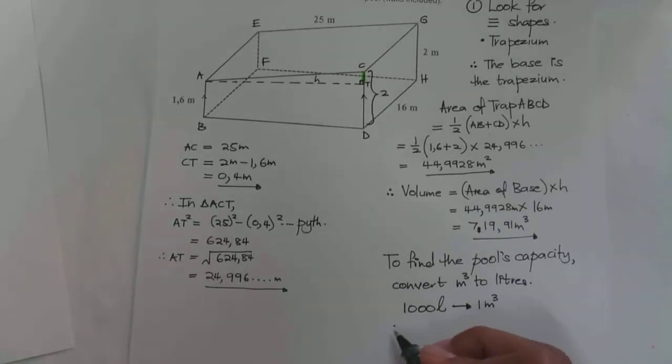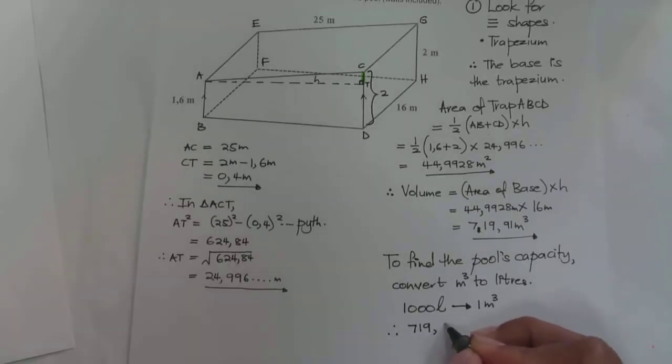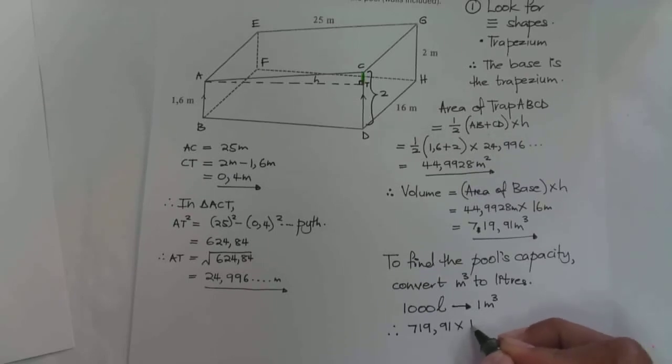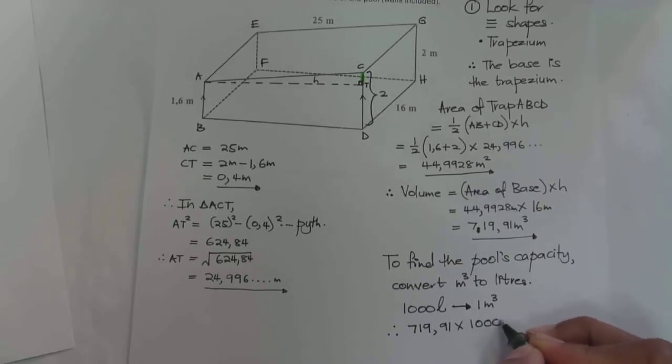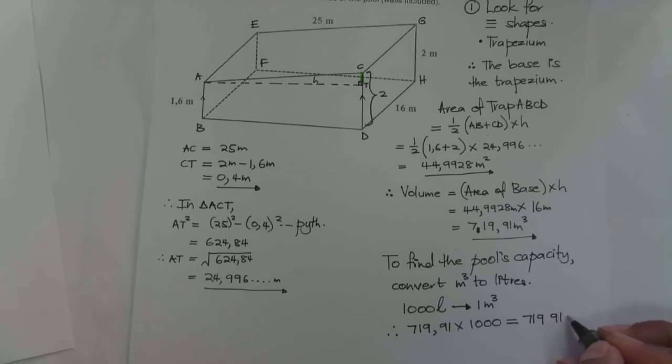You are going to multiply by 1,000. And that would give you 719,910 liters. Okay, that's the answer.